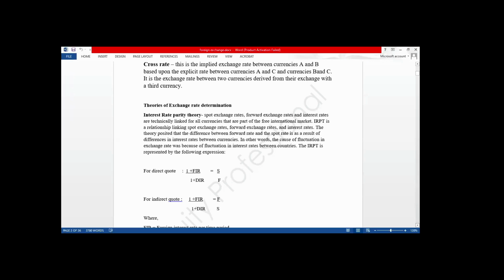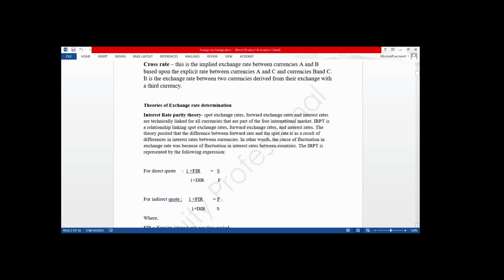We are saying that, according to this theory, a country with higher interest rates has its currency value depreciating compared to a country with lower interest rates. For example, the interest rate in Nigeria is 27%. The interest rate in UK is 3%.